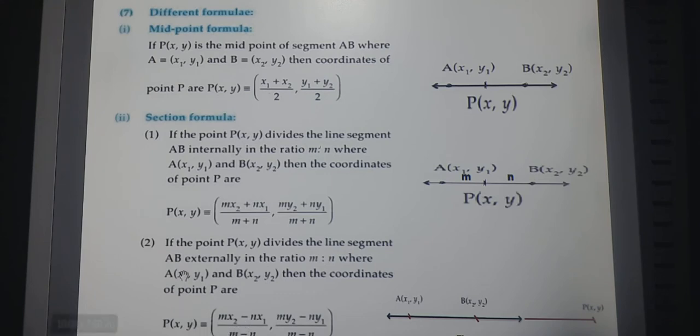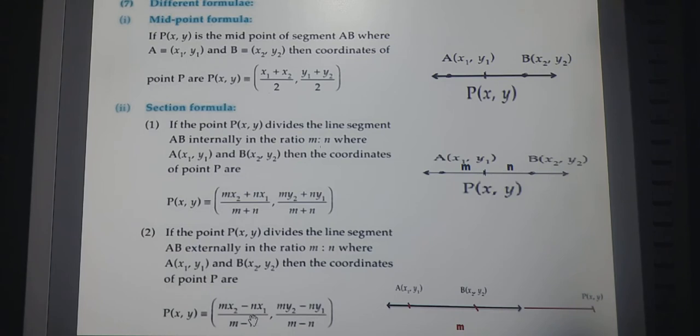So if the point P of (x, y) divides the line segment AB externally in the ratio m is to n, where A is (x1, y1) and B is (x2, y2), then the coordinates of point P are: x coordinate is (m x2 minus n x1) upon (m minus n), y coordinate is (m y2 minus n y1) upon (m minus n). And the proof for this section formula for internal division and external division, we also see in the vector chapter.